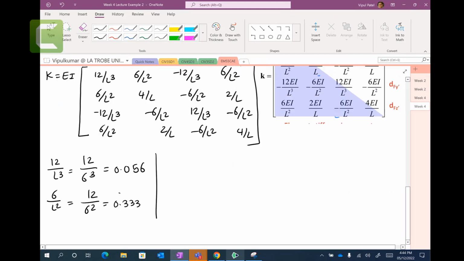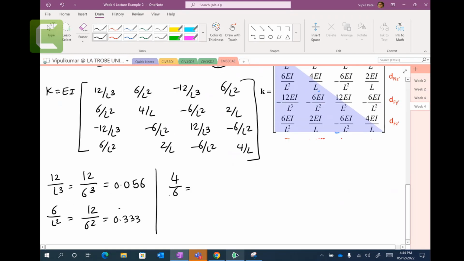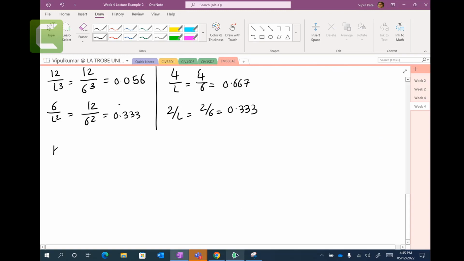Let's keep 3 decimal places. 4 on L, 4 on 6, you get 0.667. And then 2 on L, which is 2 on 6, you get 0.333.